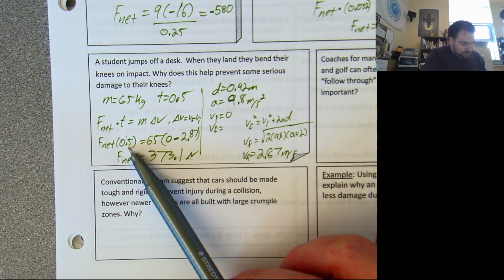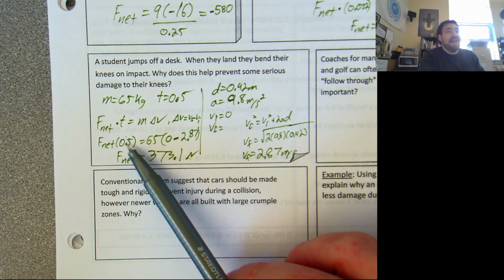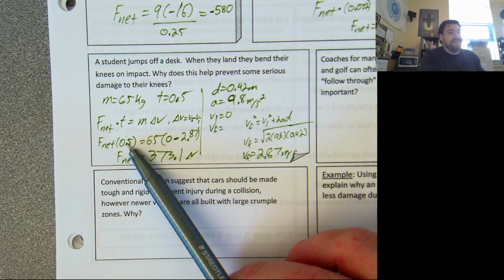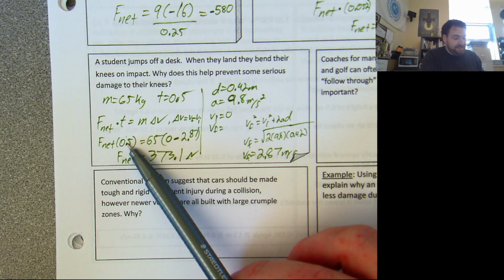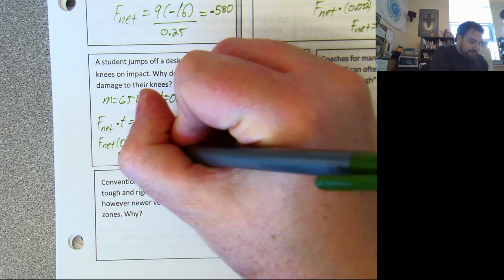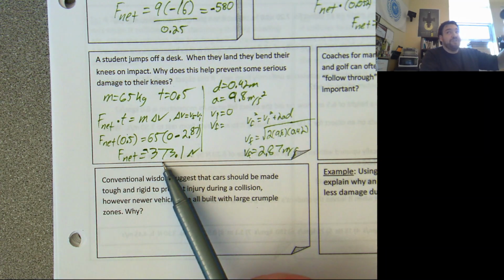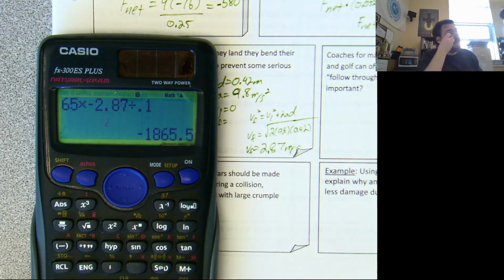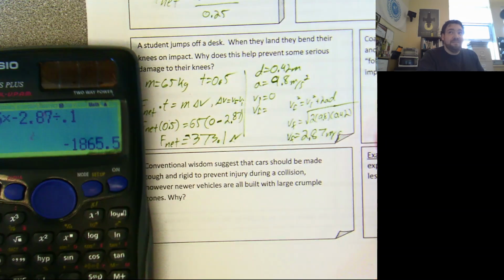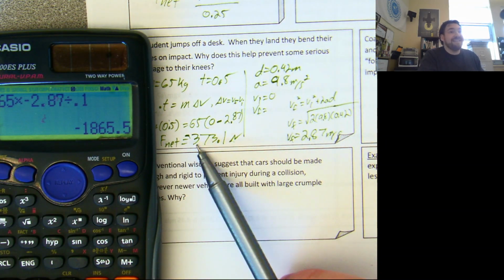So if this goes from a half a second to a tenth of a second by locking my knees, this negative 373 newton force, so the force exerted upwards on me by the ground, becomes 1,866 newtons. Something as simple as bending your knees reduces this force by a significant margin.